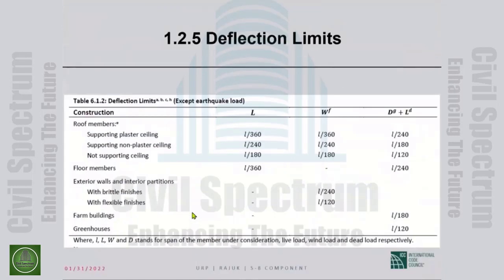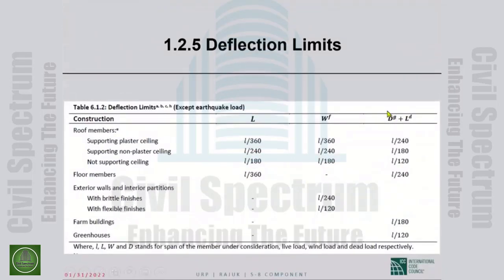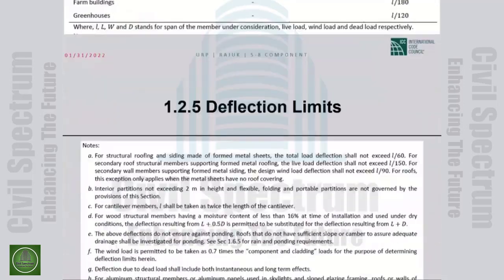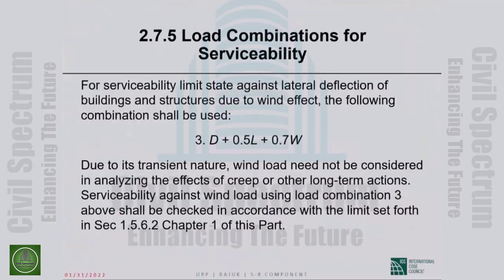So that being the case, since we are considering long-term effects of the dead load, the L, according to what has been said in the code, can very well be 1/2 of the specified live loads. Okay, hope you are with me. Let me go further and come back for the W.